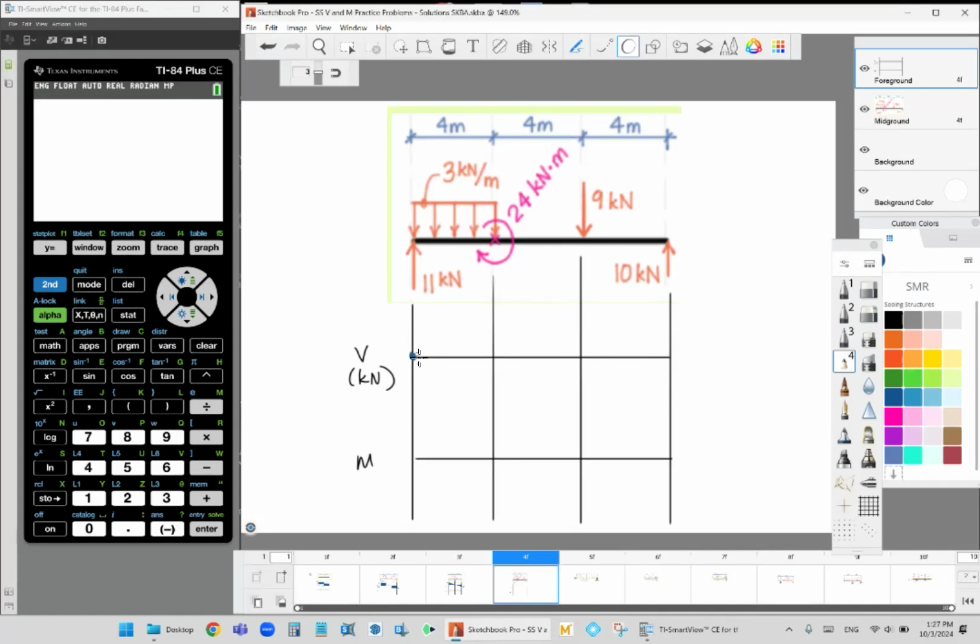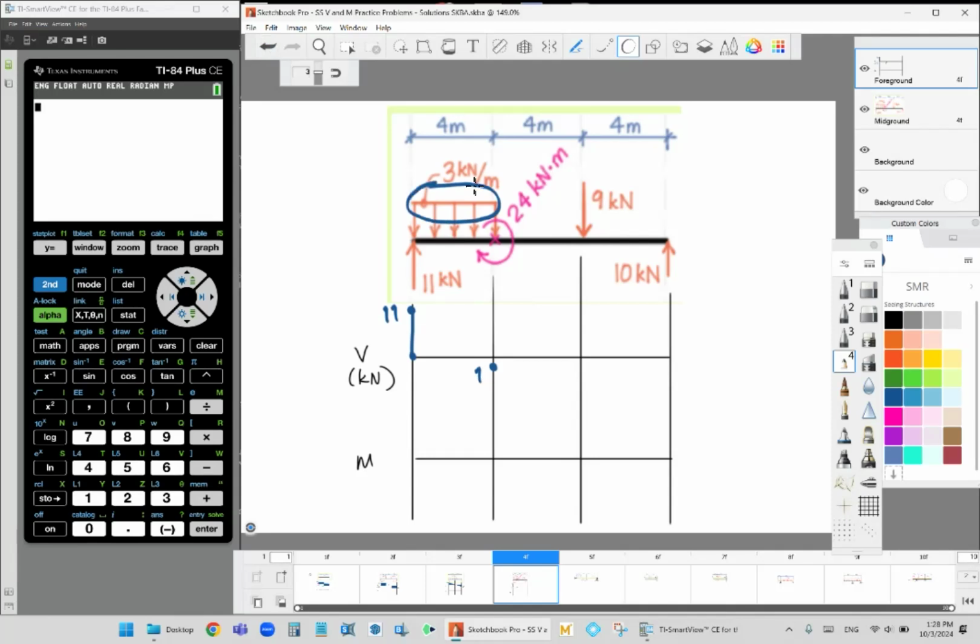All right, start at 0, increase by 11. Over the next 4 meters, we decrease by the area under the curve. 3 times 4 is 12. 11 less 12 lands me at -1.